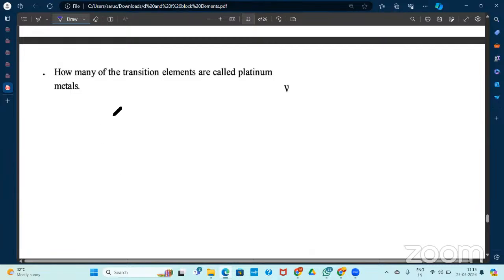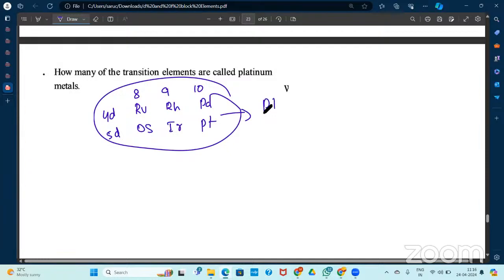In the 4d and 5d series, groups 8, 9, and 10 are platinum metals. That is ruthenium, rhodium, palladium, osmium, iridium, platinum. All these together are said to be platinum metals. The answer is going to be 6.